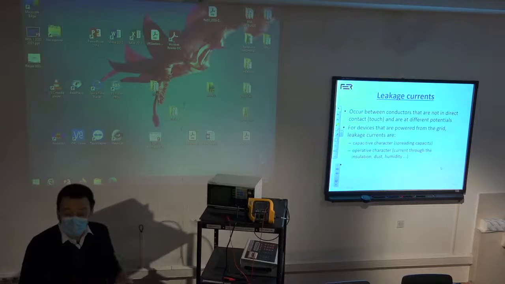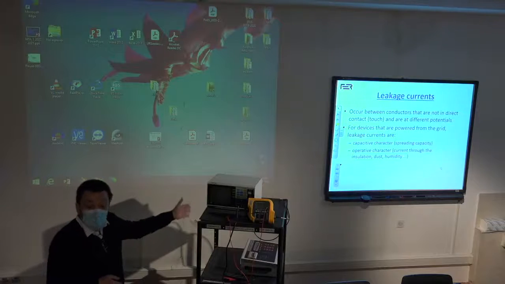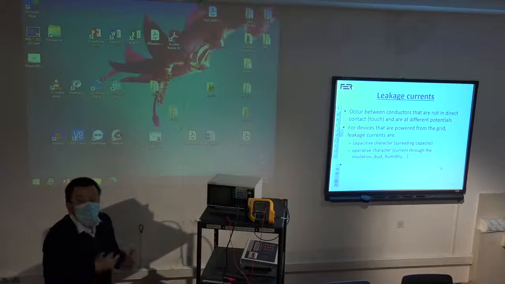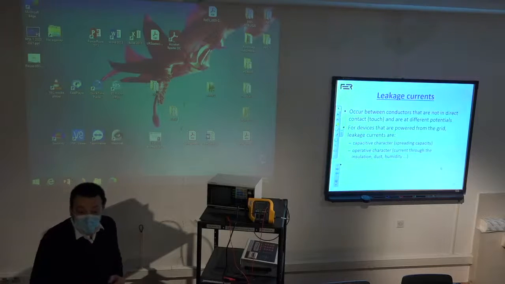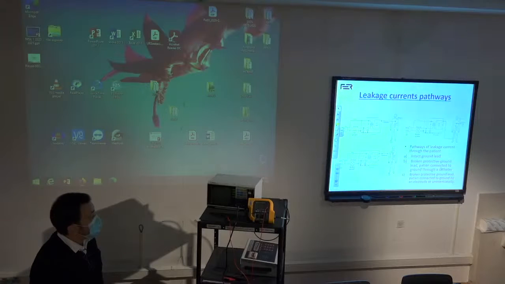So they normally occur on medical devices that are powered by the mains, because you may have the capacitive or the inductive actually character of these currents that are then flowing also through the body. So these are the pathways for different kinds of these currents.